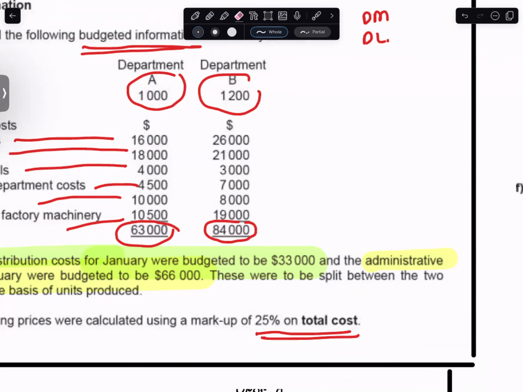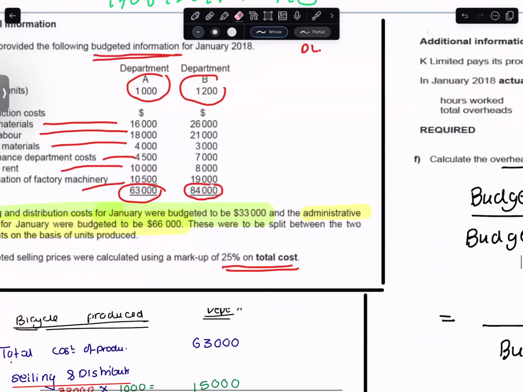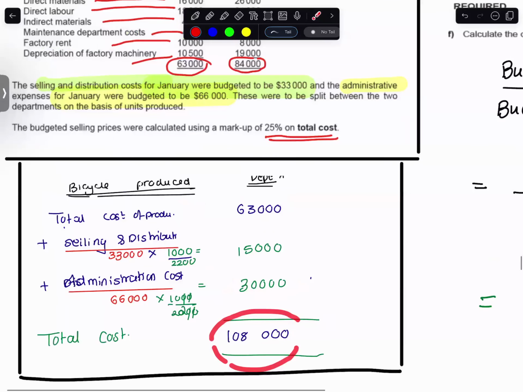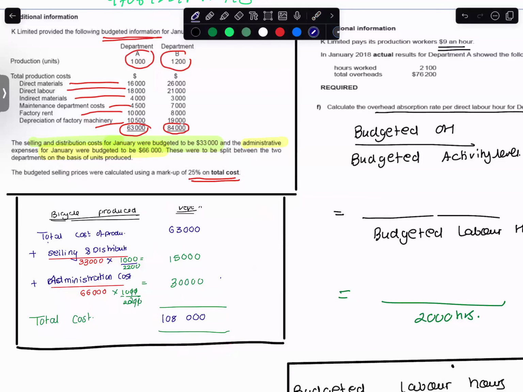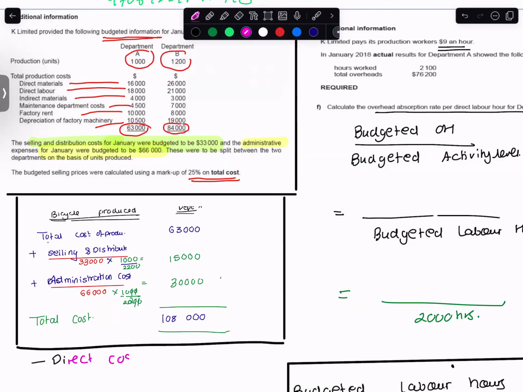Okay. So from the total cost of the bicycle produced that I calculated, 108,000, I will minus my direct cost. Direct cost is how much? 16,000 and 18,000.